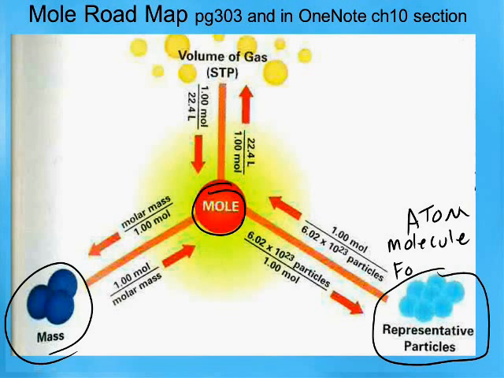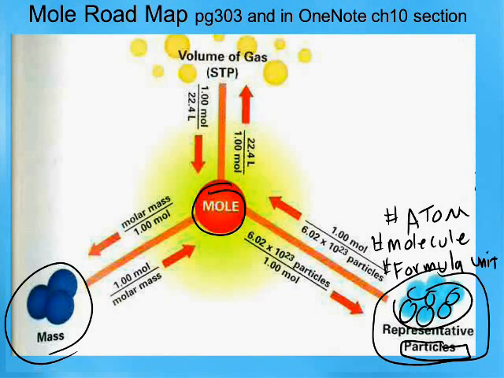It could be a formula unit, such as sodium chloride. So it could really represent anything. When we talk about particles, whether we're saying the number of atoms, or molecules, or formula units, that's particles. Like little individual atoms, or them as a compound.